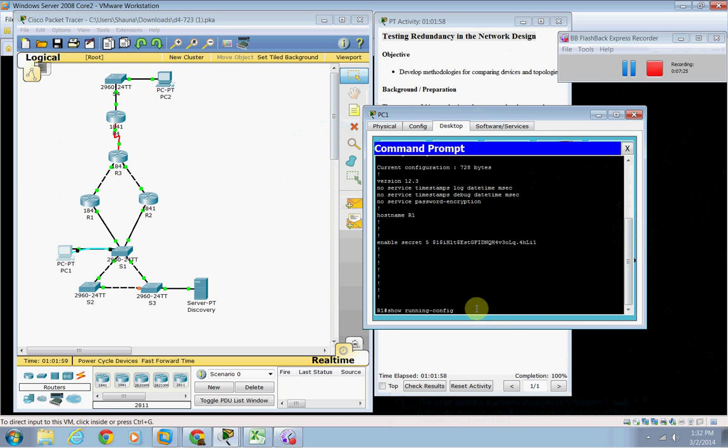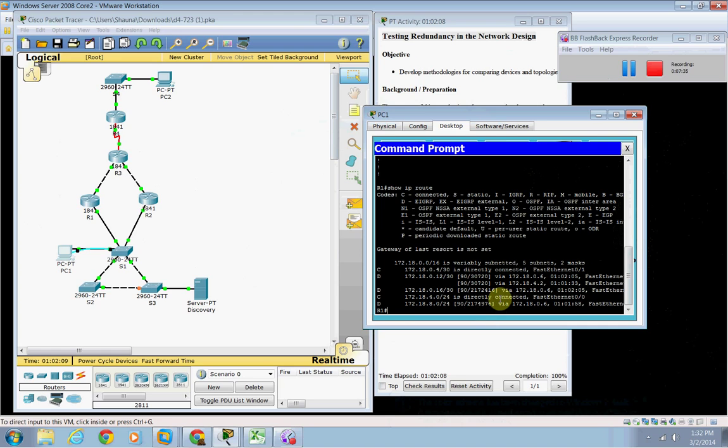Then the next command we're going to do is show IP route. Alright, this shows us our IP route. We're directly connected there. We have EIGRP on these two right here, and this one right here. We've got a direct connection right here.